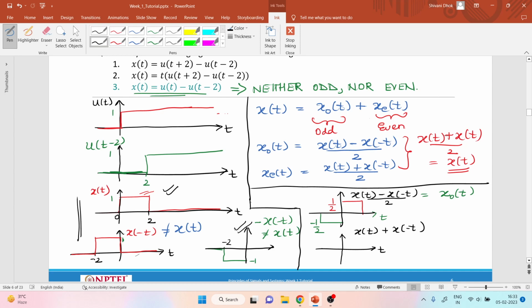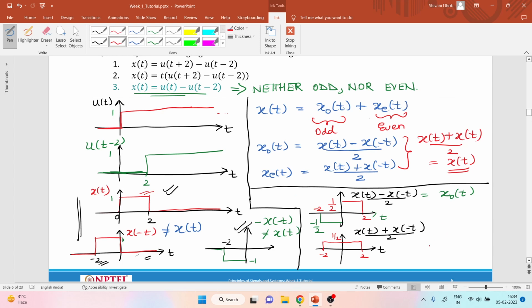So we will be having from minus 2 to 2 an amplitude of 1, but now we will have to scale it by 2. That is, if we just have these two signals, we will get something like this. And its magnitude will be 1, but we are having a scaling of 1 by 2, so we'll divide it by 2, and therefore its amplitude will be 1 by 2.